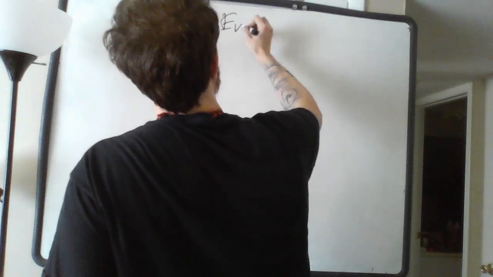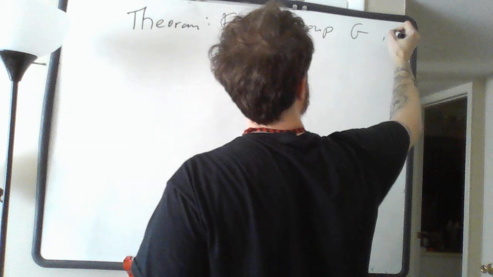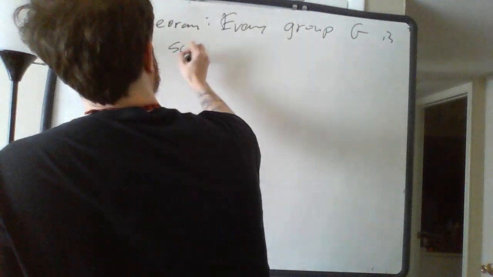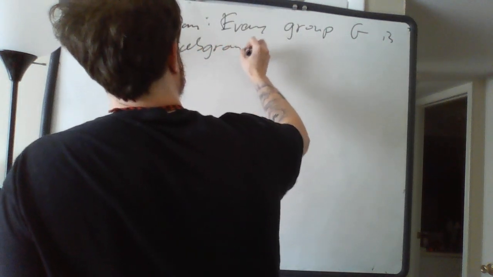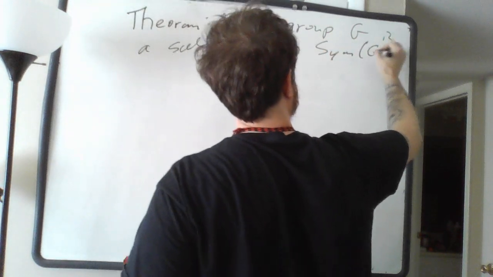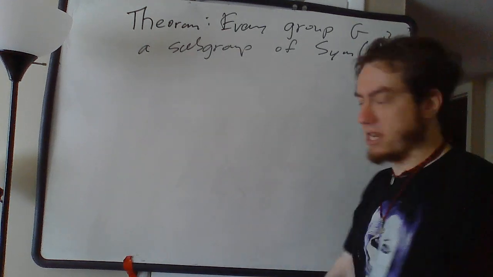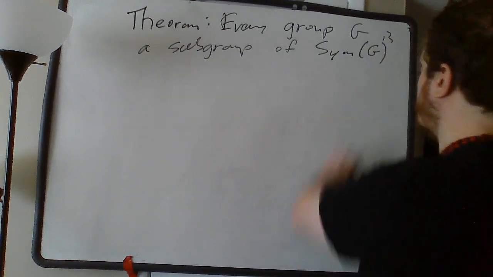I don't remember who this theorem is originally due to, but every group G is a subgroup of the symmetric group of the underlying set of G. Now, I'm just going to write that as the symmetric group of G.